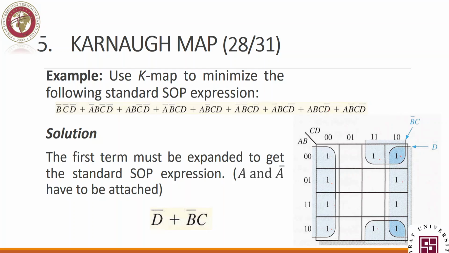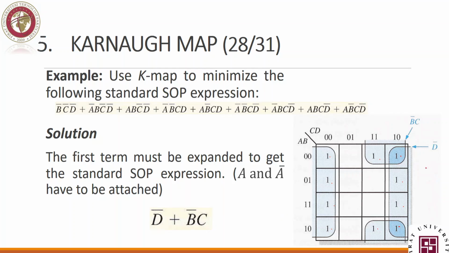Then we have A B C D bar. Then we have A B bar C D bar. Okay? So we mapped all of them. Why I'm explaining to you is so that you know how we are mapping them.